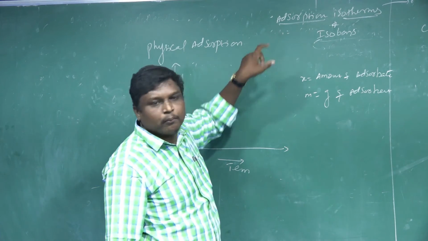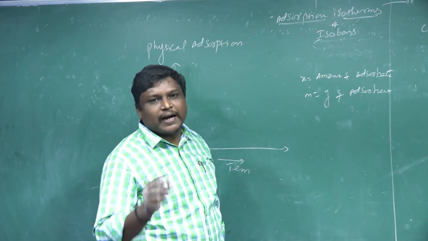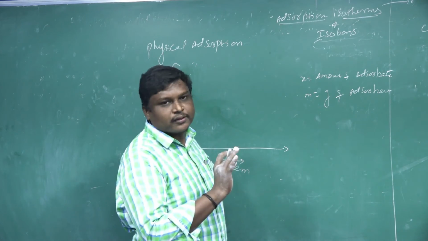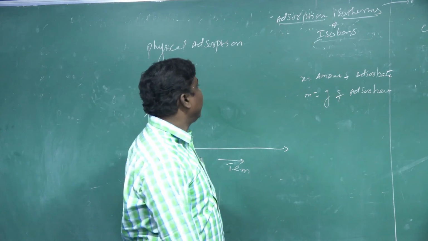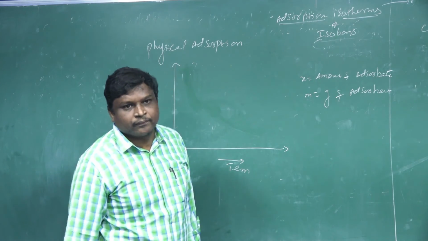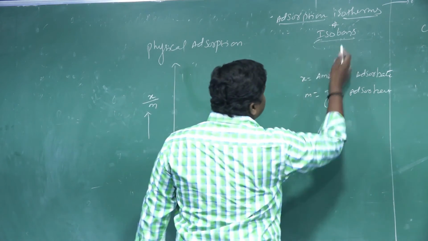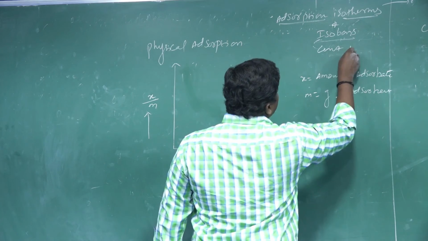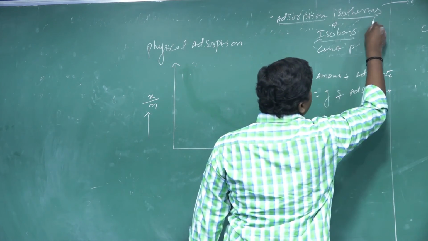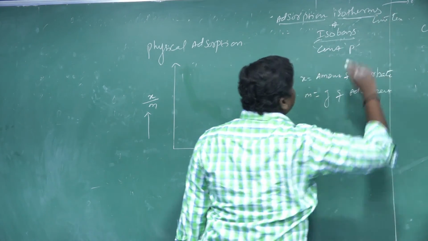Isotherms are at a constant temperature. An isobar is varying temperature at a constant pressure.